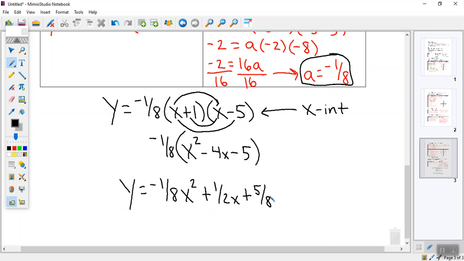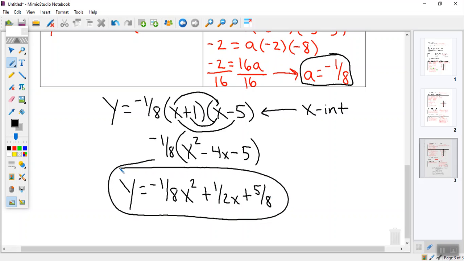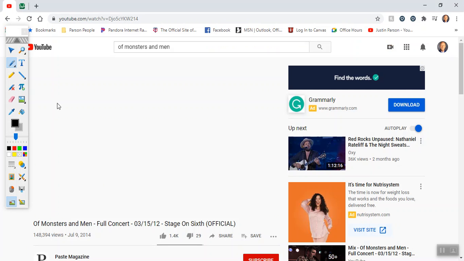Okay. Kids, what form am I in? Standard form. And let me show you how you know I'm right. If I get into this right here, into decimals. Okay, I'm going to have you guys read me the x-intercept form first up here.